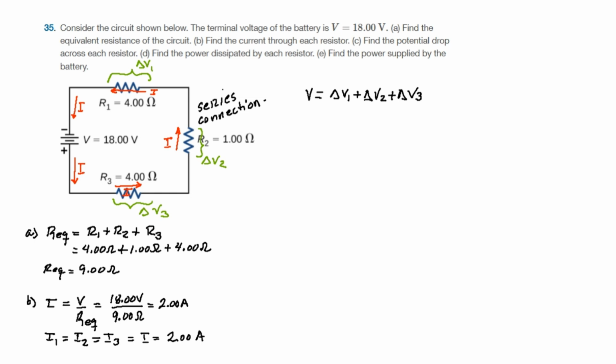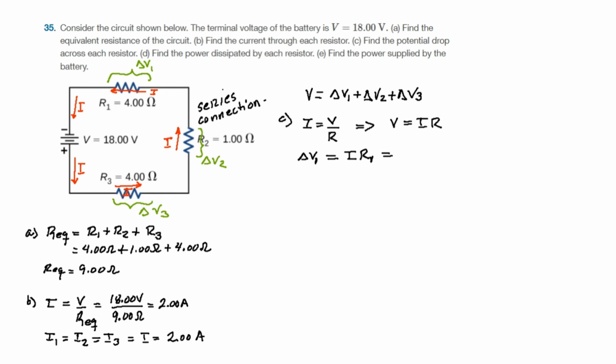Now, how do you find this variation of voltage across the resistors? You know by Ohm's law that current is voltage divided by resistance. So, if you solve for voltage, you know that voltage is current times resistance. So, if I want to find delta V1, the variation of voltage across resistor 1, this would be the current I times the resistance of resistor 1.